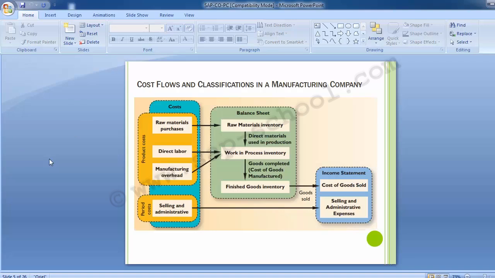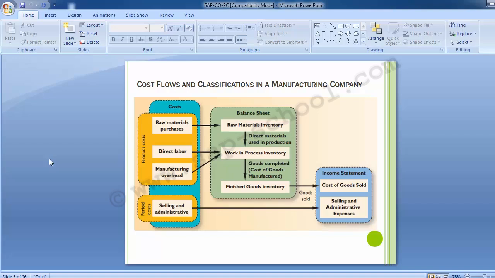Now moving on to the next, let's see how this costing is done in a detailed format: cost flows and classifications in a manufacturing company or an organization. Before moving to the diagram on the screen, product costs are costs incurred to either purchase or manufacture goods.